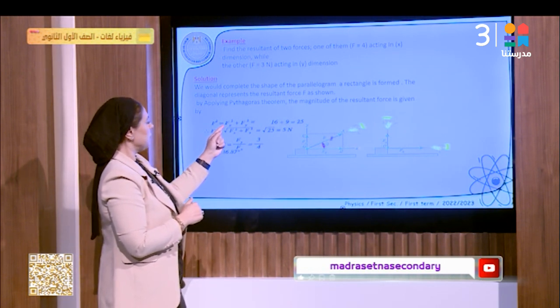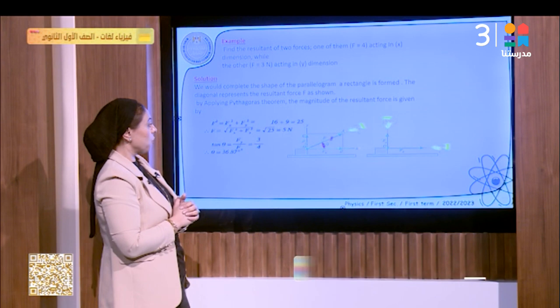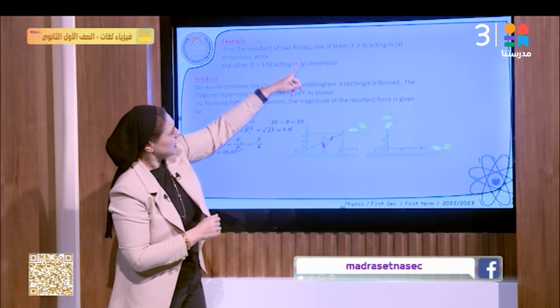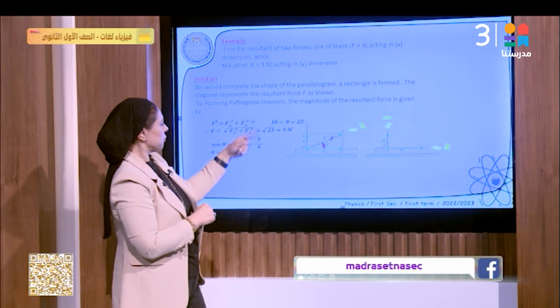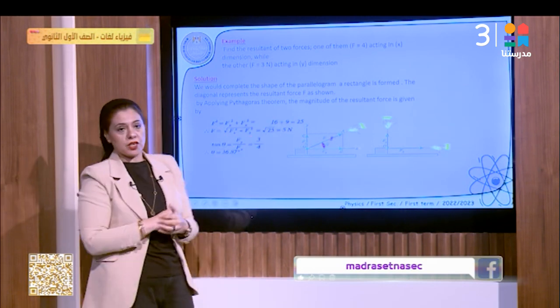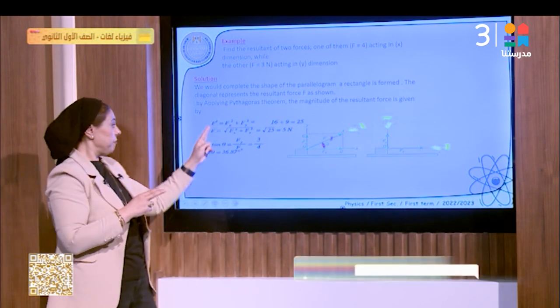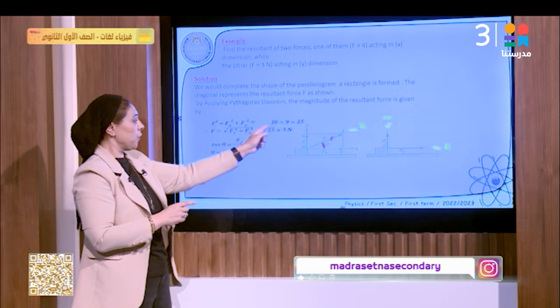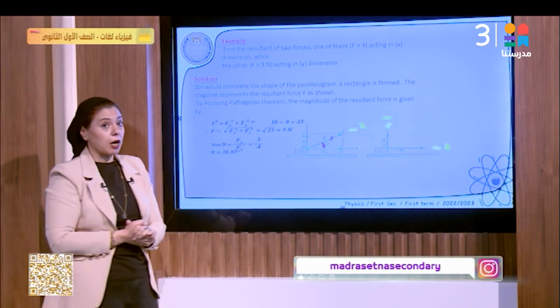F square equal Fx square plus Fy square, until Fx equal 4 square of course plus 3 square اللي هي 9 هيديني ال F total square which is equal 25. ما انساش ان ال F دي عبارة عن F square، انا عاوزة ال F بس، فهجيب الروت سكوير لل 25 which is equal 5 نيوتن.